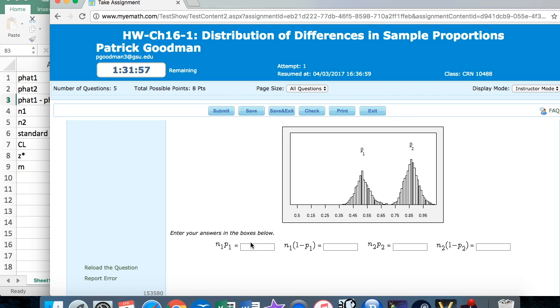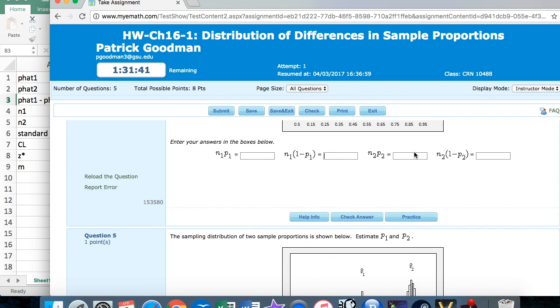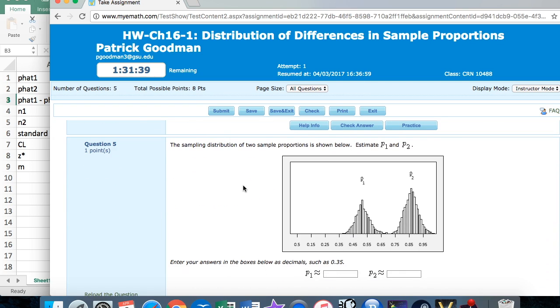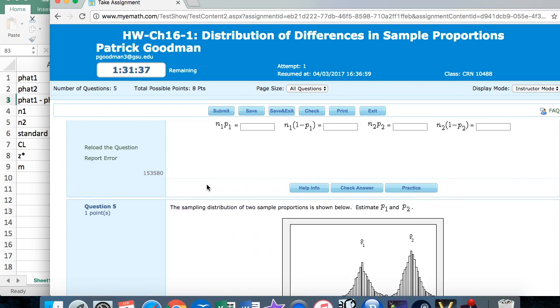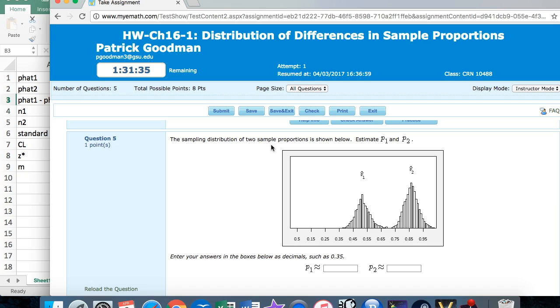And remember, in order to have approximate normality in proportions, you have to have N times P and N times 1 minus P both be at least 10, right? So all you have to do is compute these values. Pretty simple.